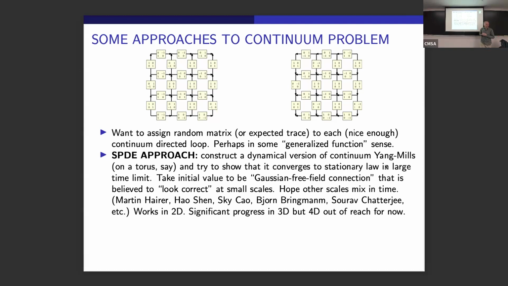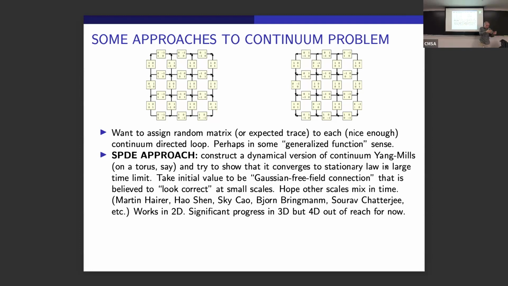This builds on techniques from Martin Hairer, Hao Shen, Sky Cao, Ajay Chandra, just a few of the names using this approach. You probably know Martin Hairer won a Fields Medal for work in this area, regularity structures. And the idea is, if you can apply this to Yang-Mills, you can construct a dynamical version and try to understand what's going on.